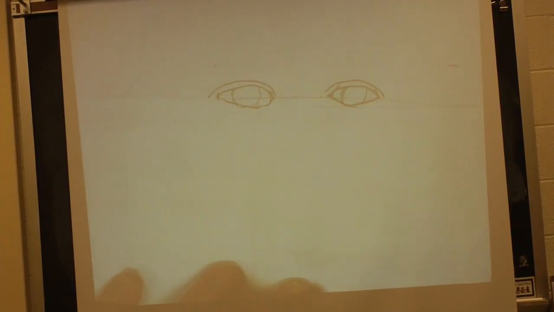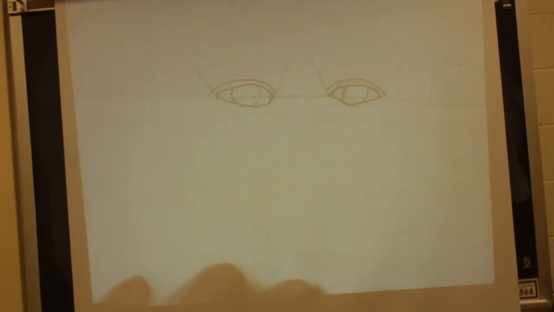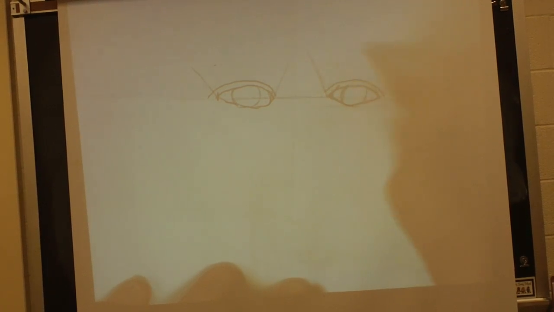We talked about eyebrows, and usually eyebrows are diagonal from the corners of the eyes. It depends on who you're drawing, because everybody's eyebrows are different. But if you put them up too high, you'll look surprised or scared. If you put them down too low, you'll look sad or mean.